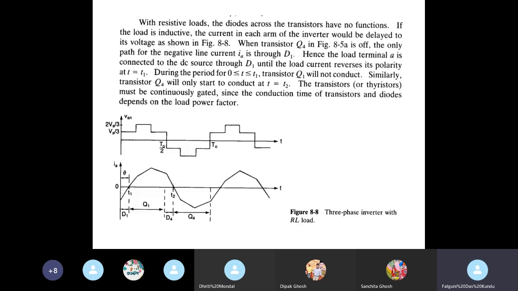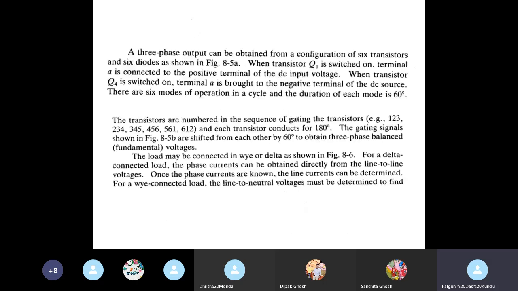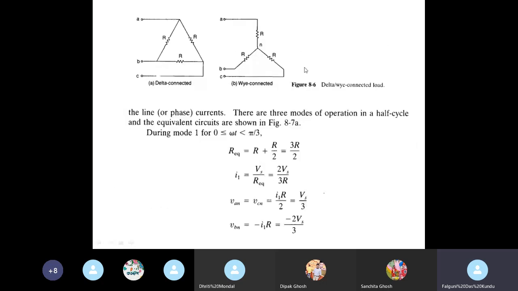So when Q4 is switched off, the diode D1 must conduct. That's why it is connected in parallel. When Q1 is off, then D4 conducts. When Q4 is off, then D1 conducts.